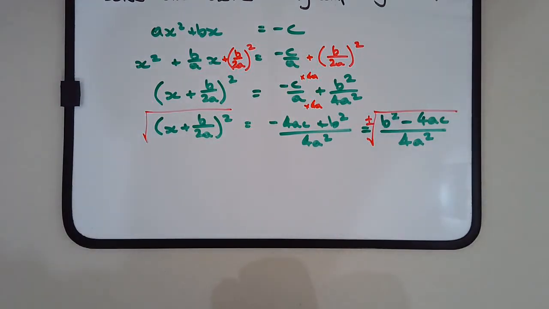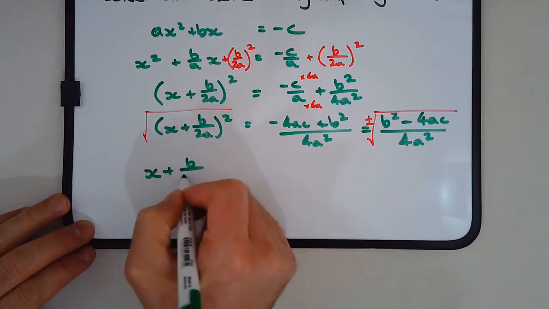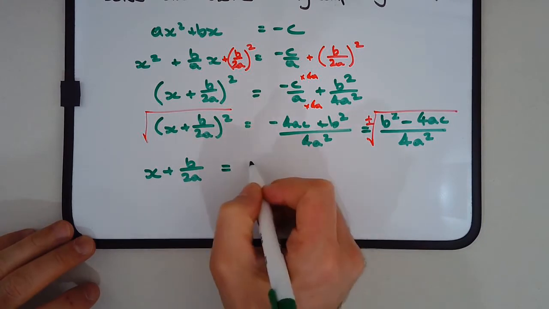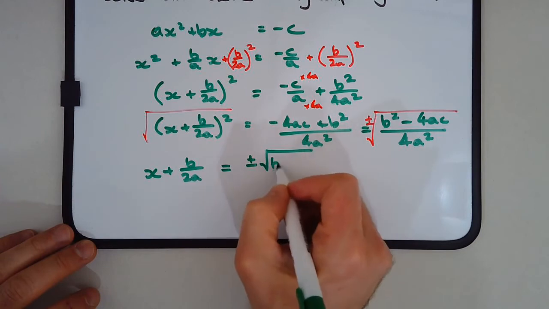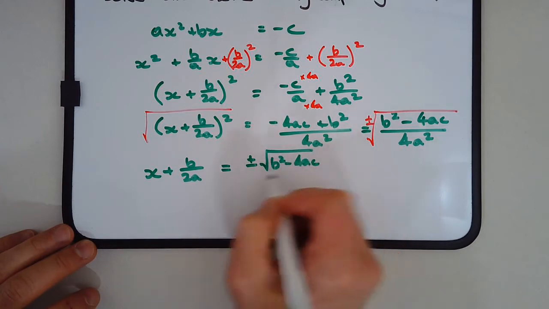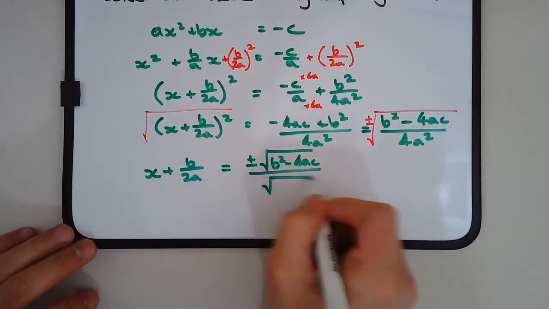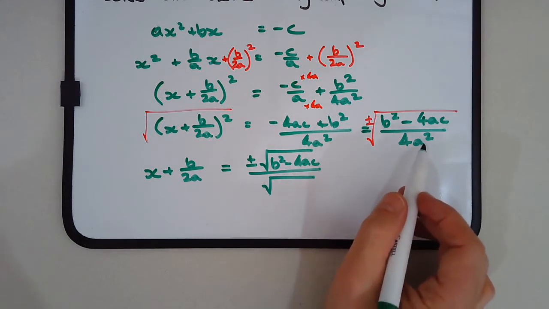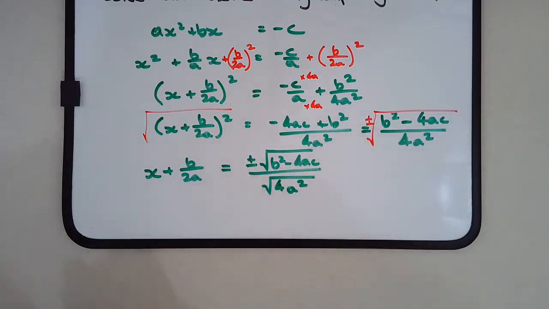So we're going to end up with x plus b on 2a is equal to plus minus the square root of b squared minus 4ac over. Now I'm going to split this surd of a fraction into a fraction involving surds, and of course we can use our rules around surds to do that.